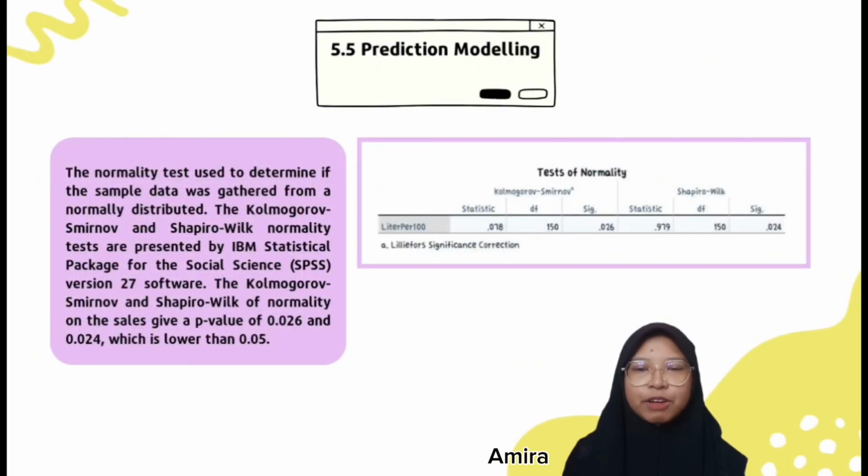Next is 5.5, which is prediction modeling. First, as the table shown in this slide, the normality test is used to determine if the sample data was scattered from a normal distribution. The Kolmogorov-Smirnov and Shapiro-Wilk normality tests are presented by IBM SPSS version 27 software. They give p-values of 0.026 and 0.024, which is lower than 0.05.